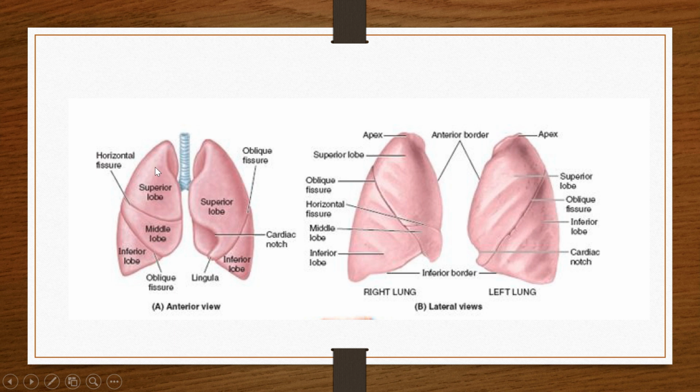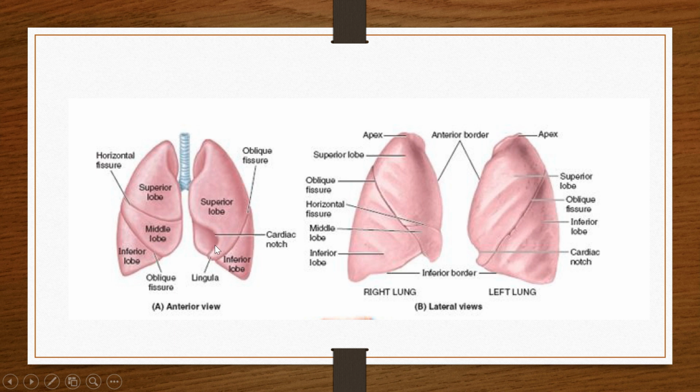Okay, so this is the superior lobe. See again, this is the superior lobe, this is the middle lobe, and this is the inferior lobe by two fissures. This is the horizontal fissure and this is the oblique fissure. On the left side, this is the superior lobe, this is the oblique fissure, this is the inferior lobe, this is the cardiac notch.